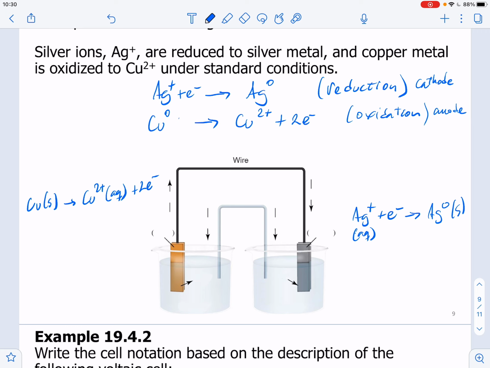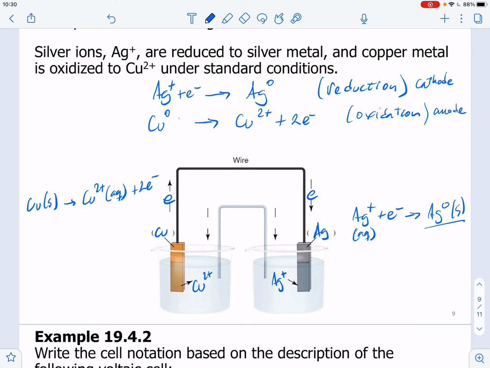How do we describe this? You are going from copper, so the bar here is copper, and you are providing copper 2 plus to the solution, so electrons are being collected here. You have silver metal here, so this bar is made out of silver, and silver ions are being removed at the bar, so the electrons are coming this way.